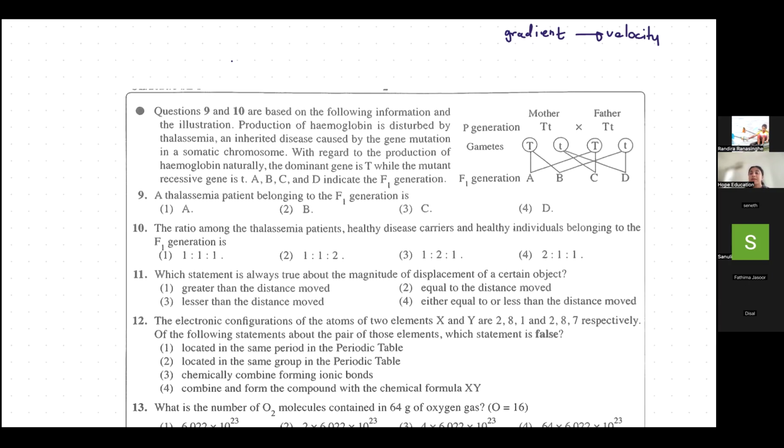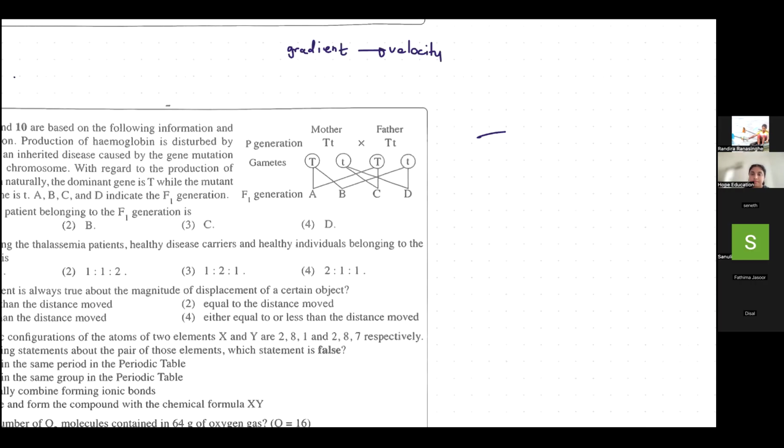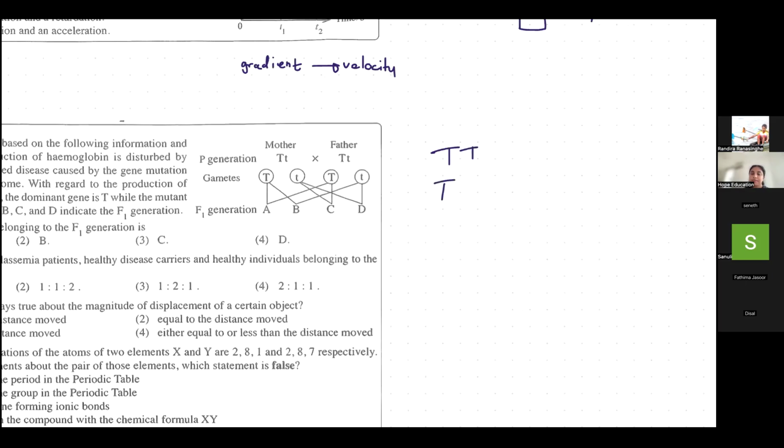So in thalassemia the production of hemoglobin is disturbed, right? So capital T small t, is it a healthy carrier or a diseased person? Capital T. Healthy, yes. Capital T, small t.